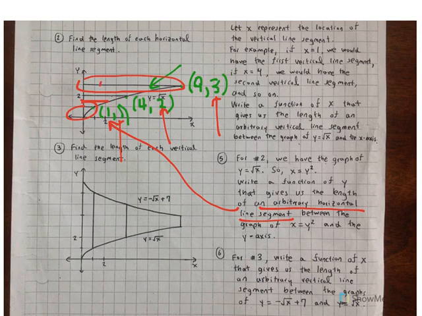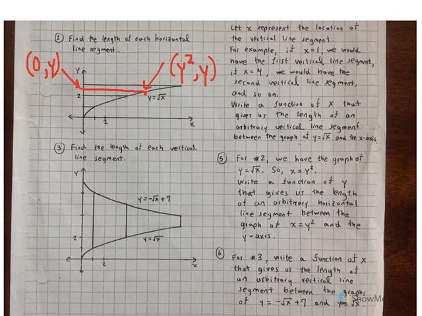So if y is 3, we're talking about this one. If y is 1, we're talking about the short one at the bottom. But let's just keep y a variable so we can talk about an arbitrary horizontal line segment, one that could be anywhere between the graph of the given function and the y-axis.